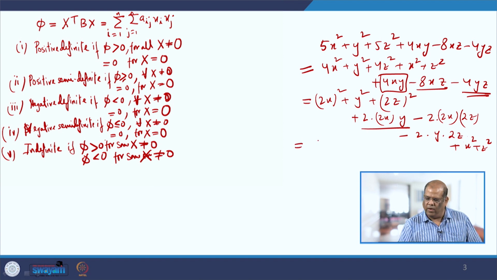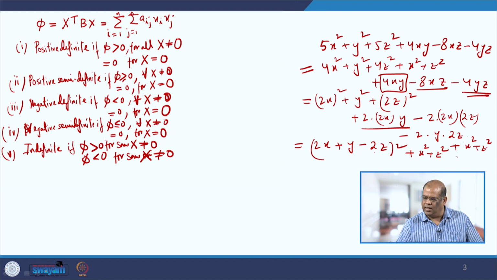So, this can be written as 2x minus y minus 2z whole square plus x square plus y square, and so on.